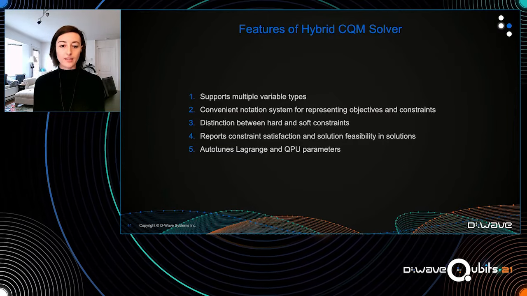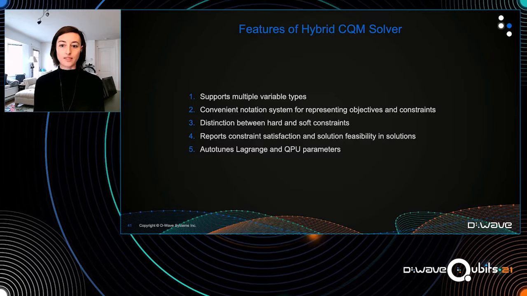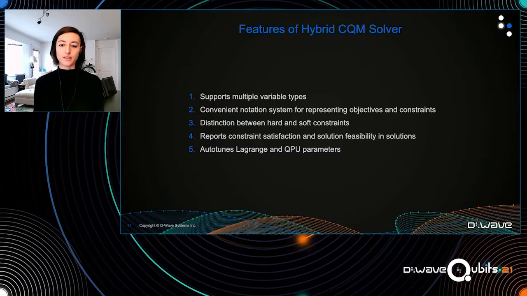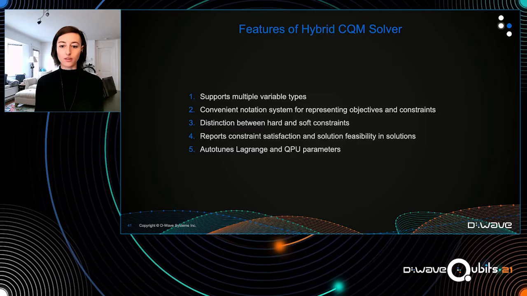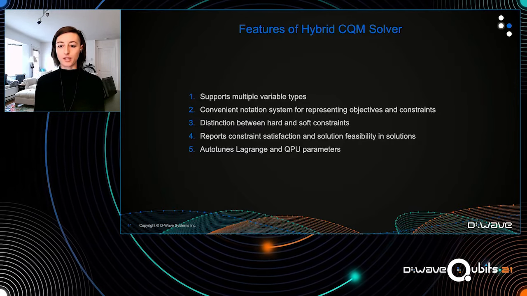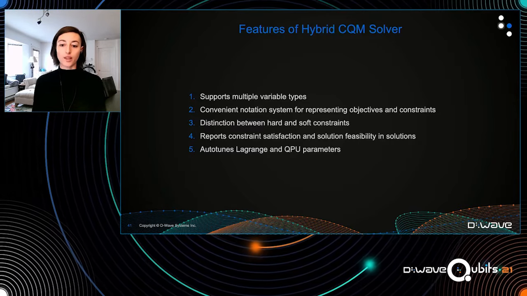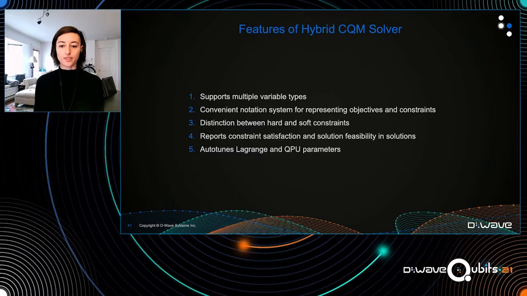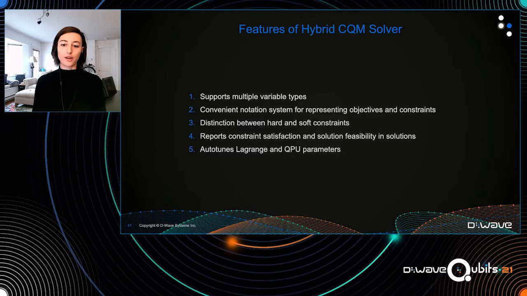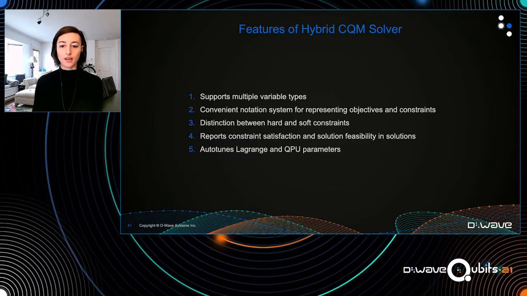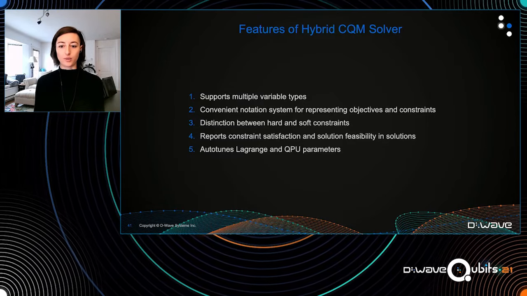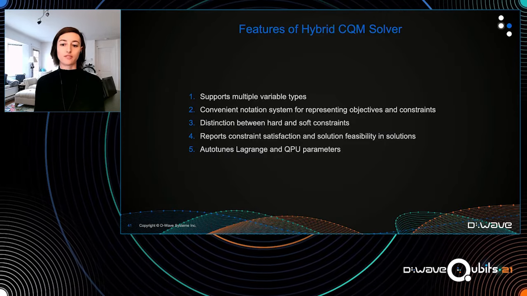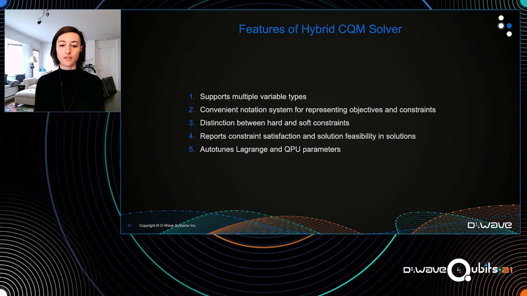The fourth highlight is that the CQM solver returns solutions that include information about which constraints were satisfied in the model and overall solution feasibility. So we'll likely get feasible solutions, but we may also get some low energy infeasible solutions that we can drill down into to see which constraints were satisfied and which weren't, which can be really useful information to have.